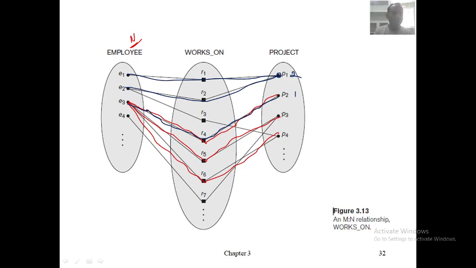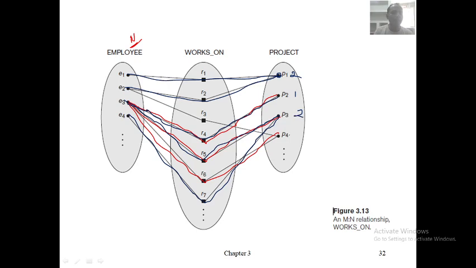In project 3, who all are working? Employee 3 is working, and one more, employee 4, is also working. Hence, its cardinality ratio is 2.